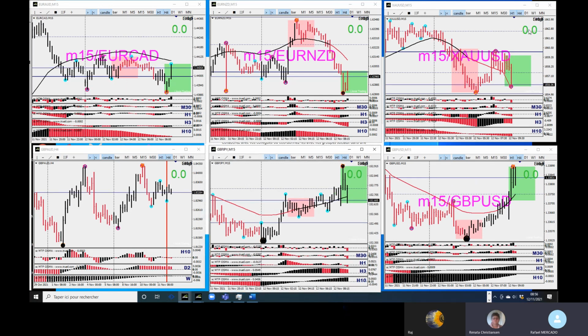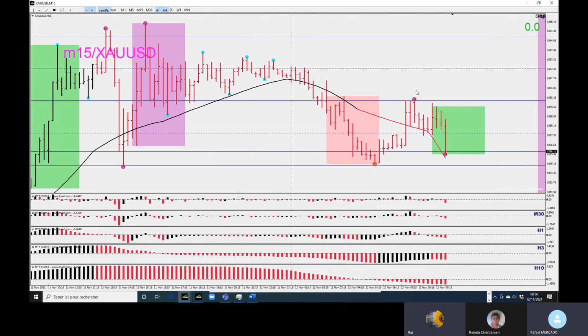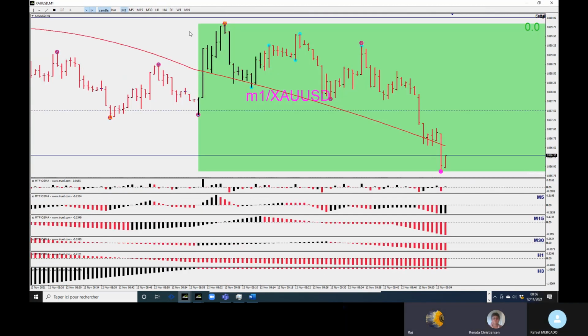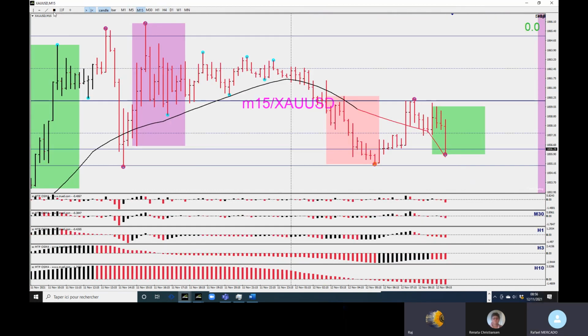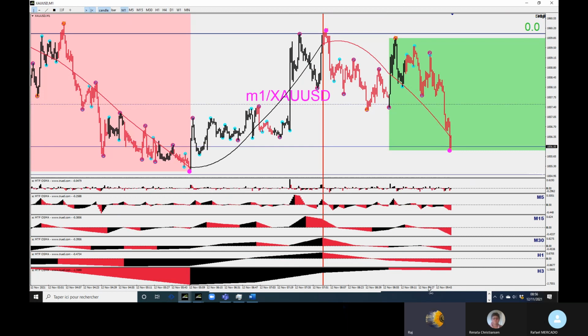Look, gold is doing well for me. I'm up 117 pips. So we have this 15-minute, right? You're scalping. Then you compress the chart a little bit. At the beginning of the session, do you have a 4-hour ball?